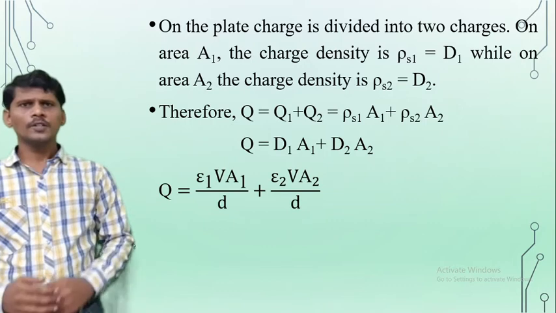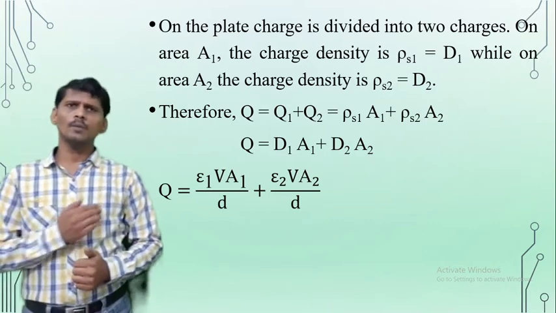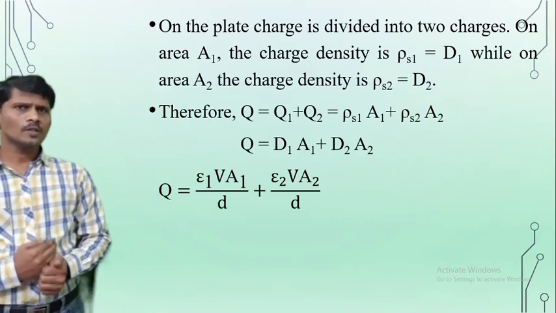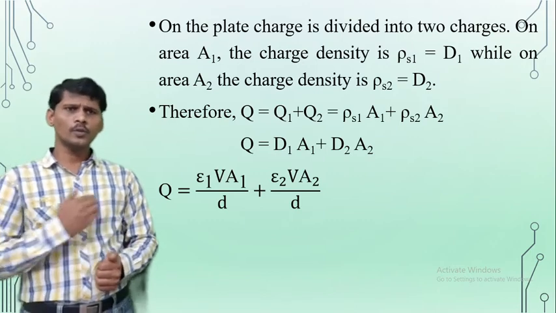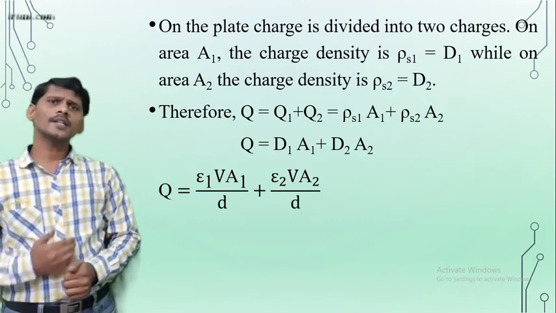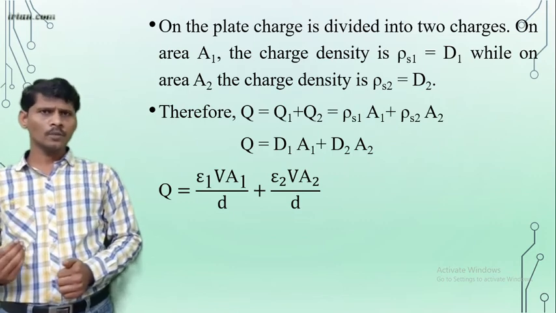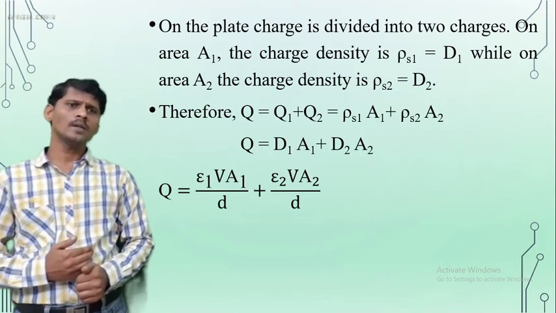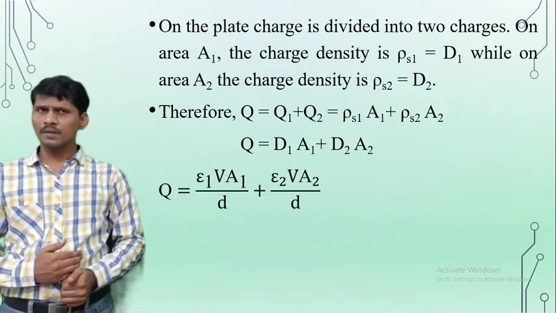Therefore, the total charge Q is equal to Q1 plus Q2, where Q1 is equal to rho s1 into A1 and Q2 is rho s2 into A2. For the dielectric to dielectric interface, rho s1 is equal to D1 and rho s2 is equal to D2.